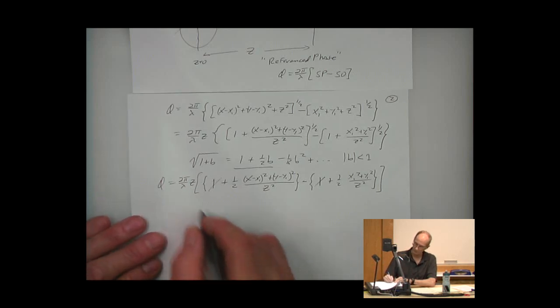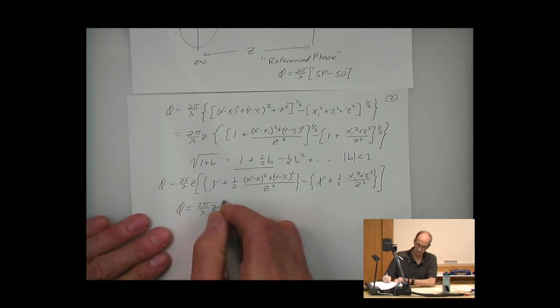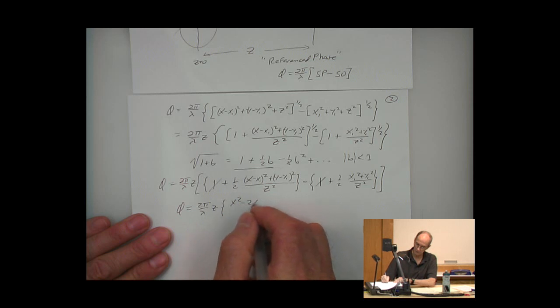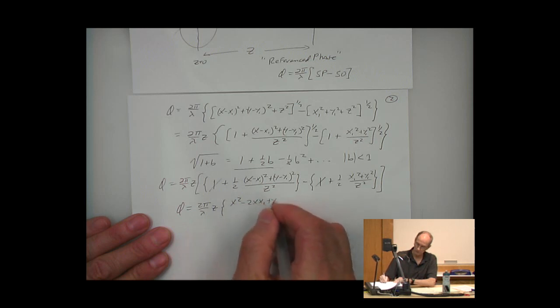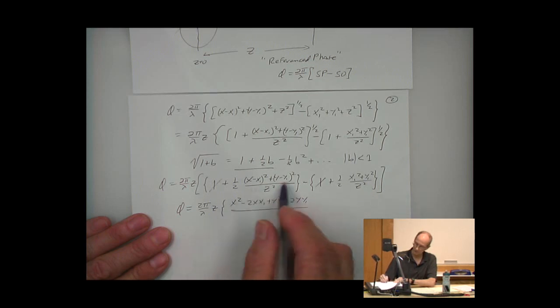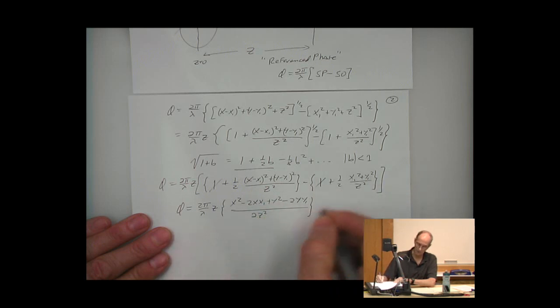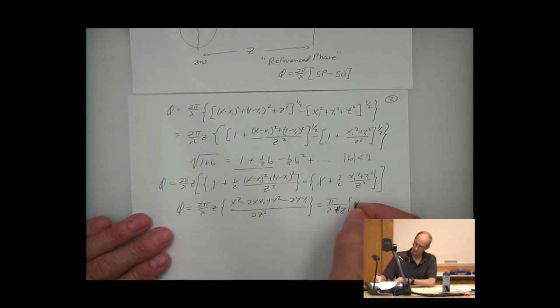And what we're left with is that phi is equal to 2 pi over lambda z times x squared minus 2x x1 plus y squared minus 2y y1 over, just expanding this out and combining now, over 2 z squared, or simply pi over lambda z times x squared plus y squared minus 2x x1 minus 2y y1.